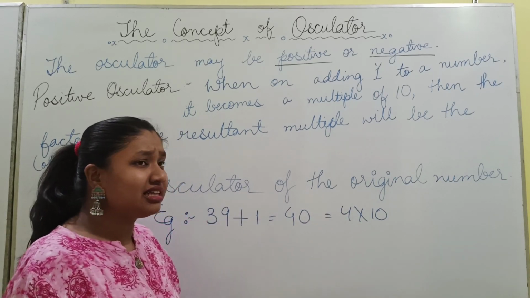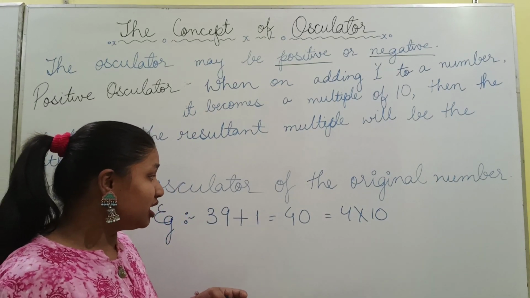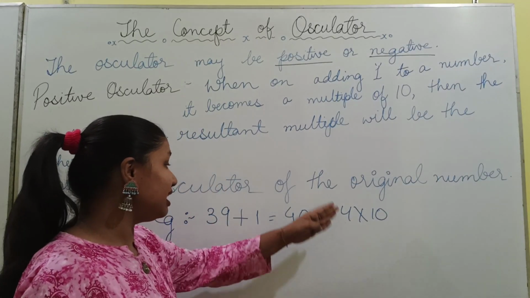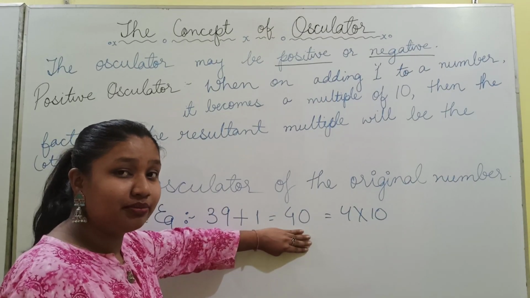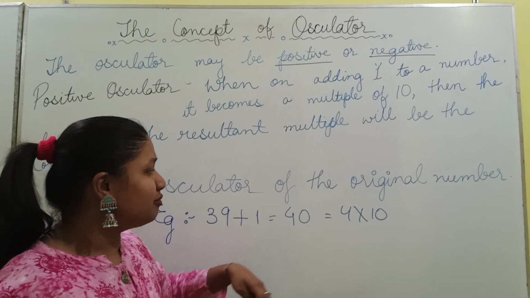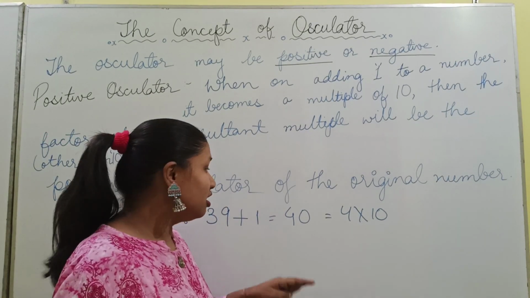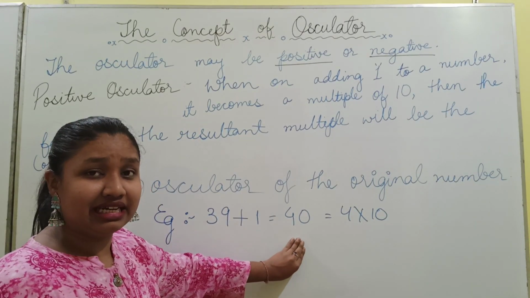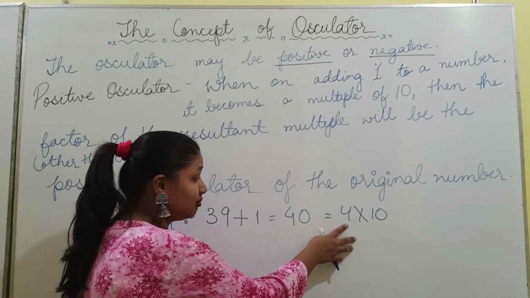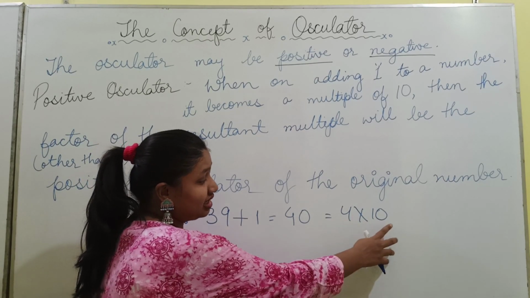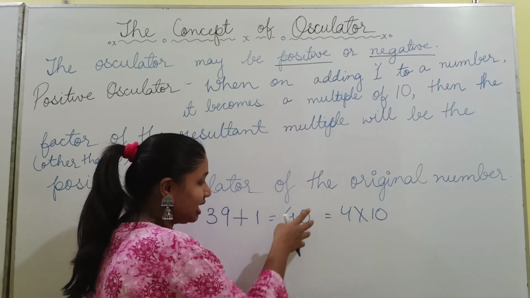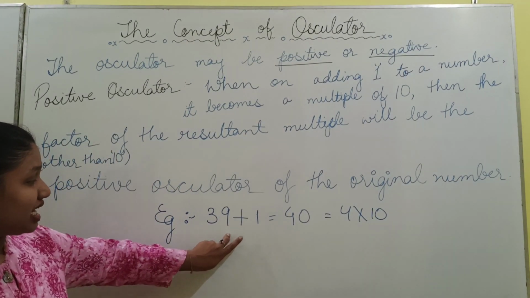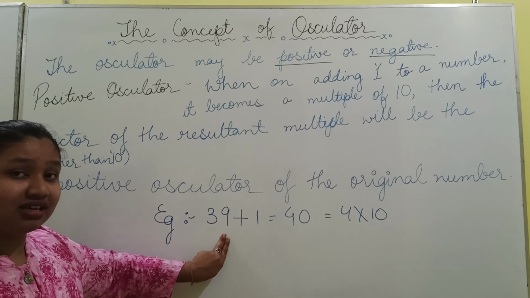Or we can say the number by which, if we multiply 10, we again get the resultant multiple. The factor may also be 2, right? 2 is also a factor of 40, but 2 will not work here. We must get the number by which, if we multiply 10, we will again get the resultant multiple we got by adding 1 to the original number.